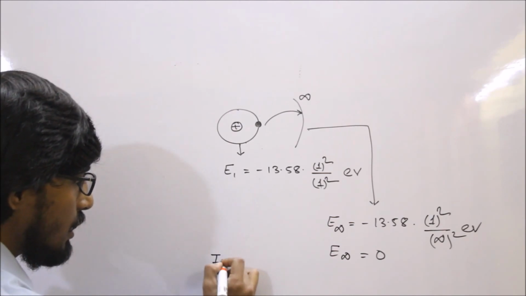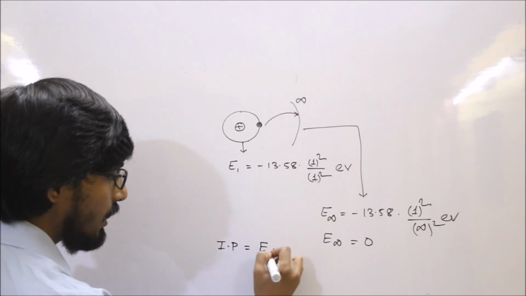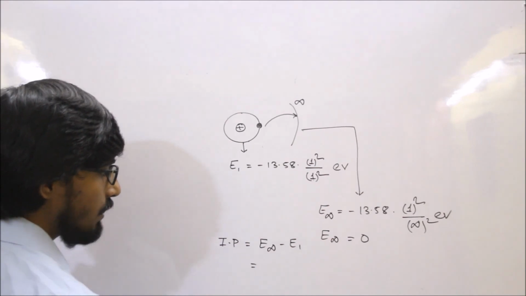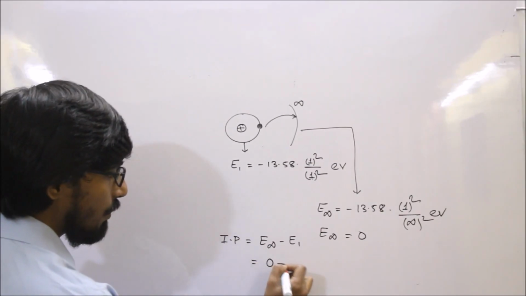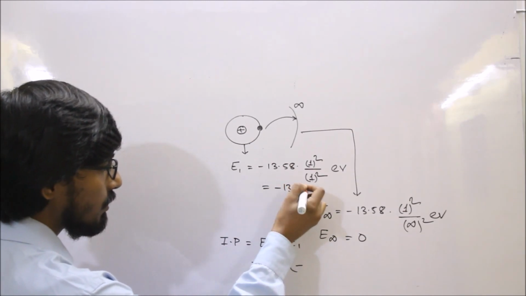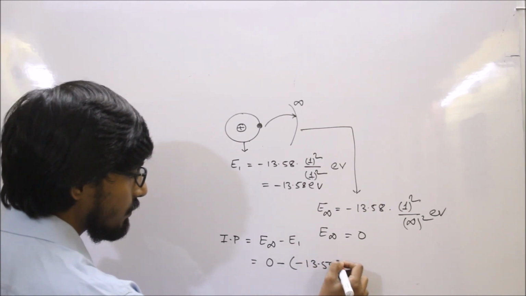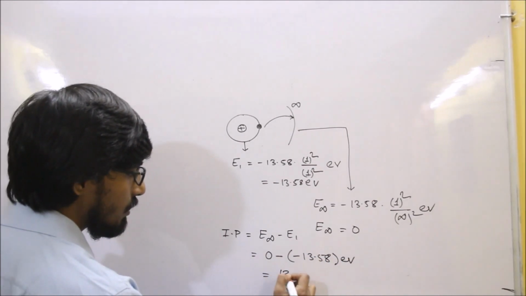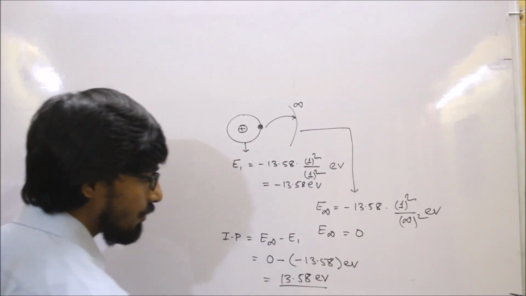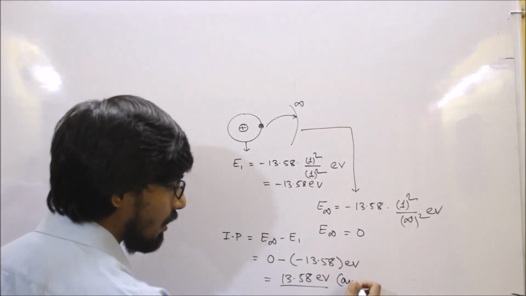Now the ionization energy equals E infinite minus E1, that means 0 minus of minus 13.58 eV. So the ionization potential of hydrogen atom is 13.58 eV, and this is our answer.